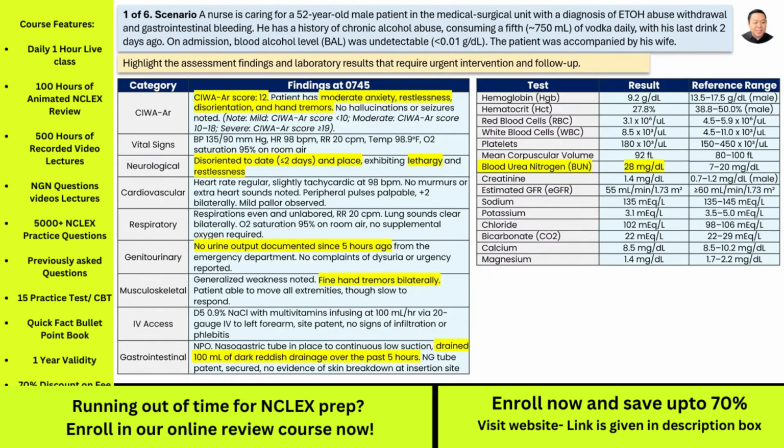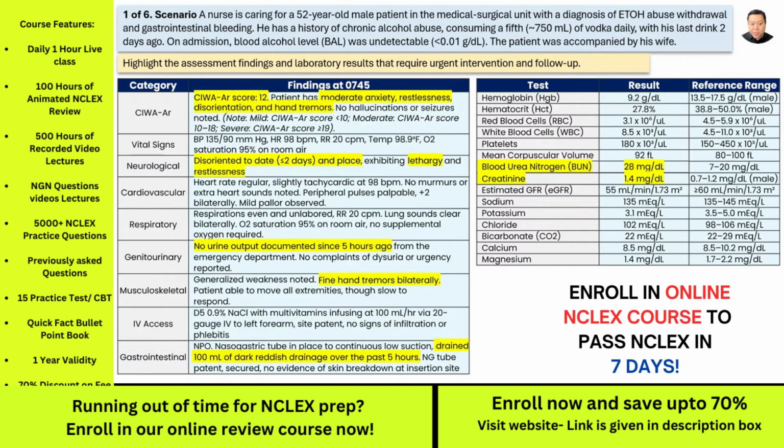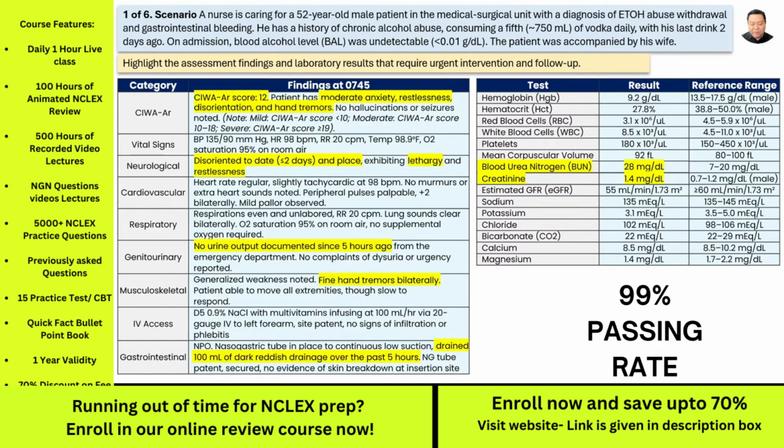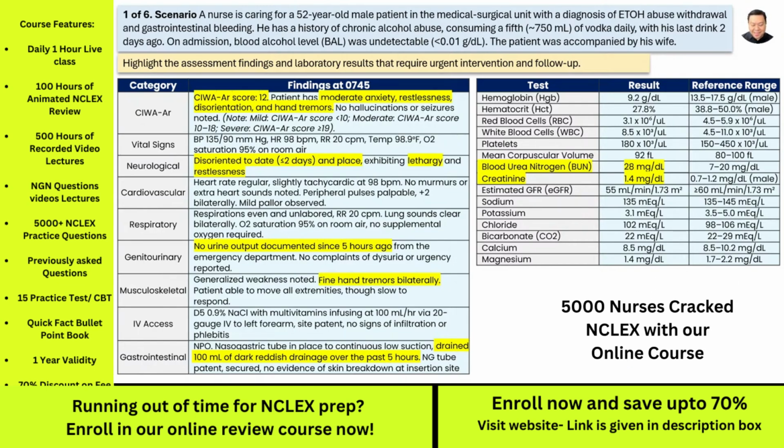Now, the next assessment or lab result is creatinine of 1.4. We know that this is a marker of kidney function, and this is slightly above normal for most adult males, even though not critical at this point, but this is a reflection that the kidneys are in an impaired state.